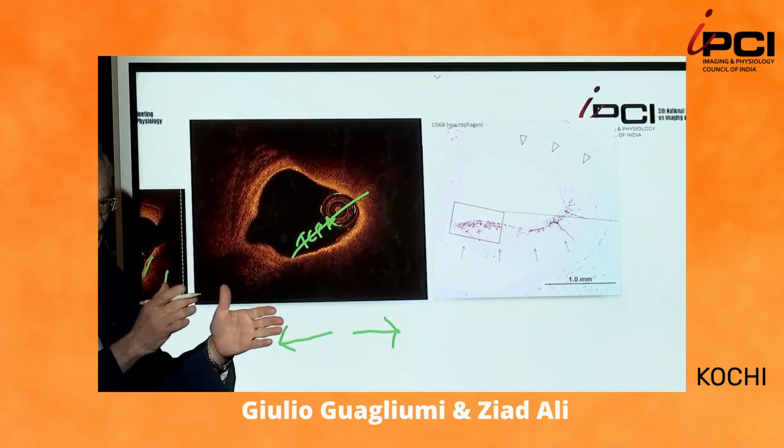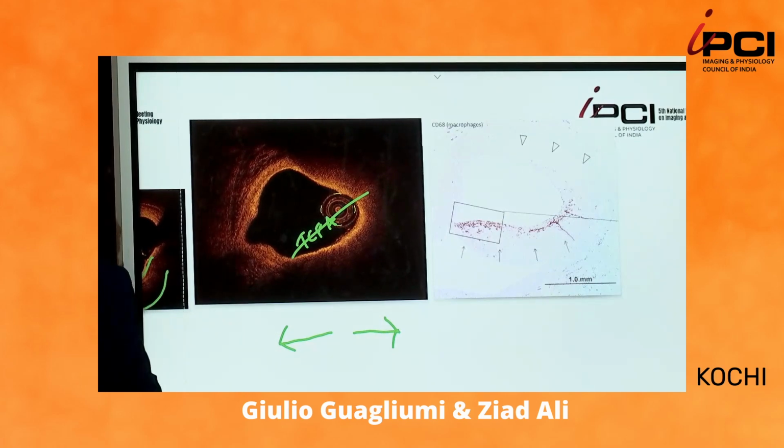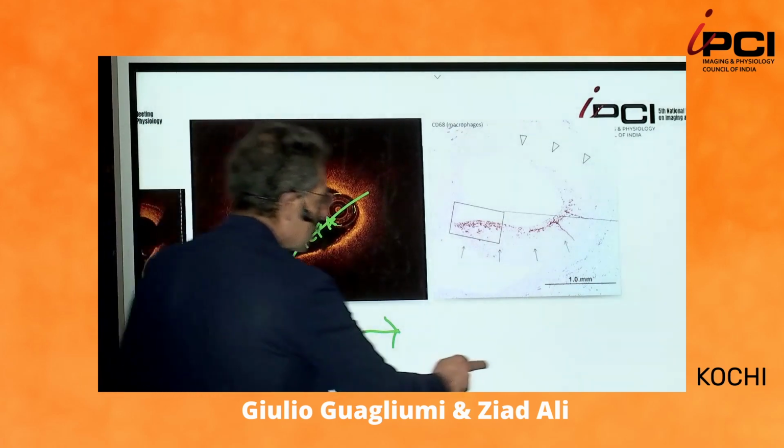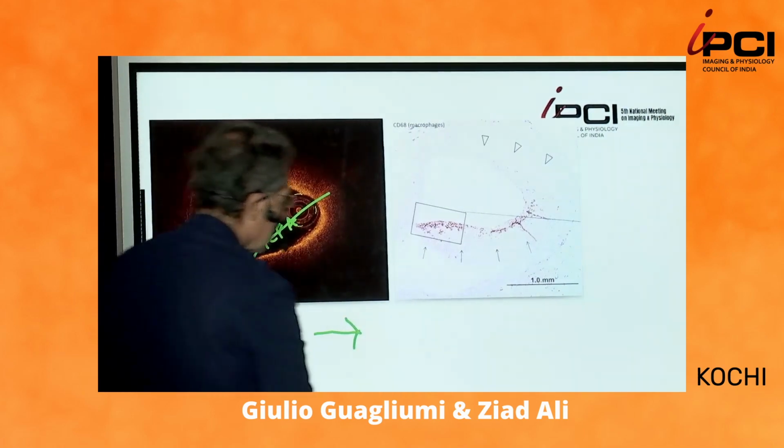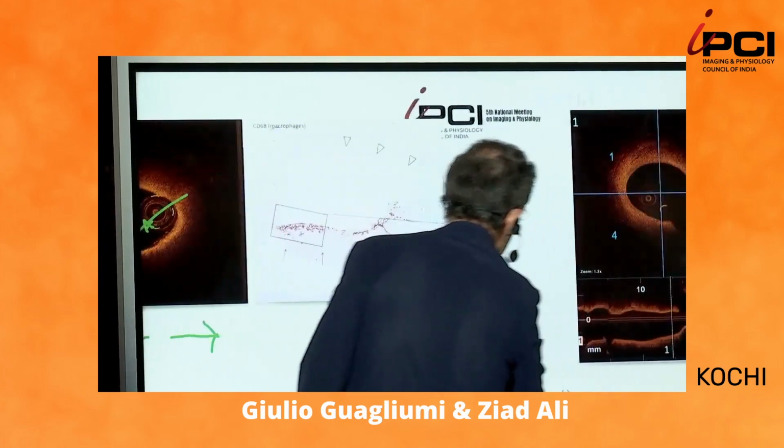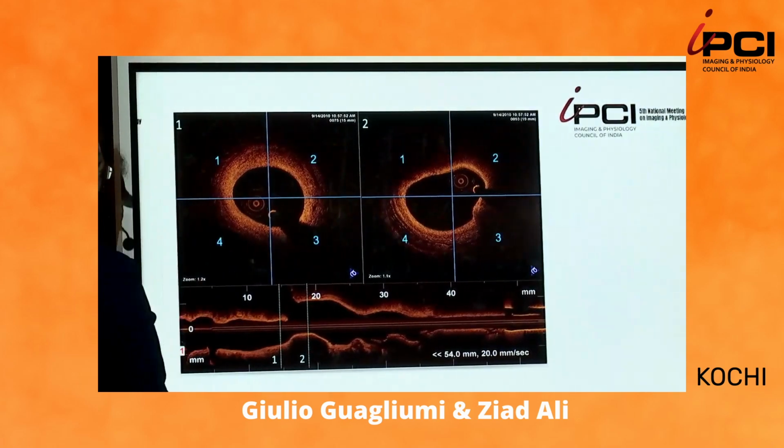You move back and forth to clarify which type of plaque it is. The most common misdiagnosis of erosion happens because of blood speckle. When the light hits the speckled blood and then hits the wall, it gives the appearance of an erosion, but actually the artery is completely normal.